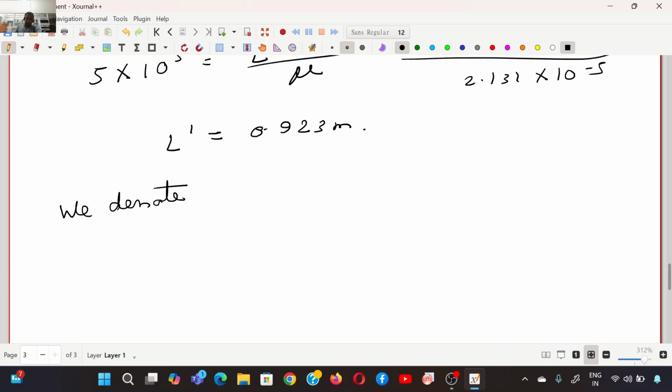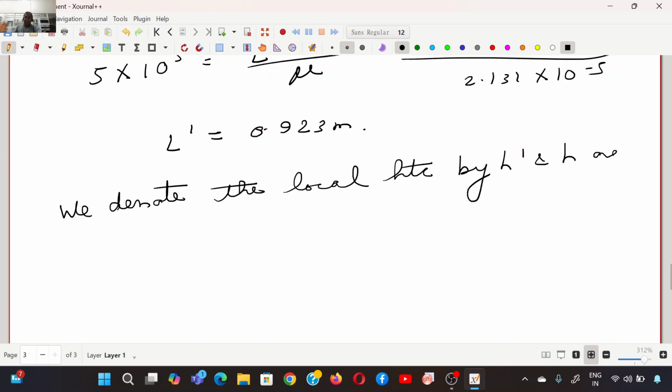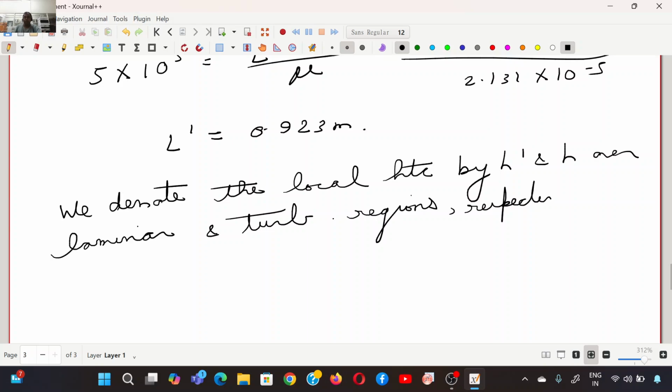And just write it in words. x is the local distance from the leading edge.